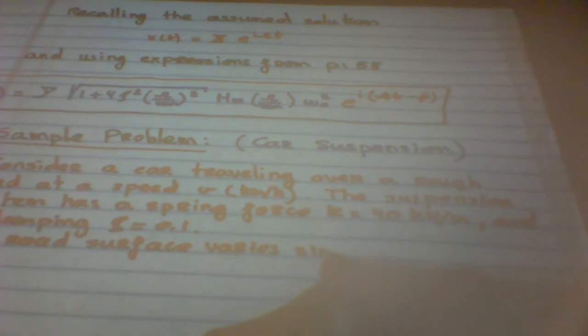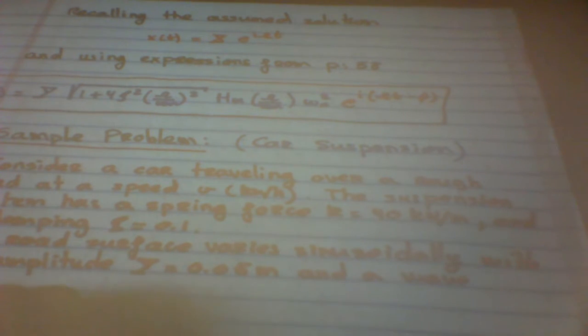The road surface varies sinusoidally with an amplitude capital Y equal to 0.05 meters and a wavelength L equal 6 meters.